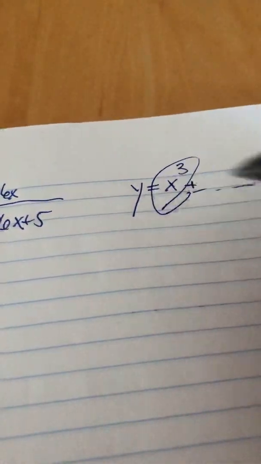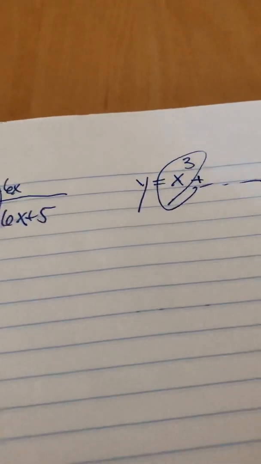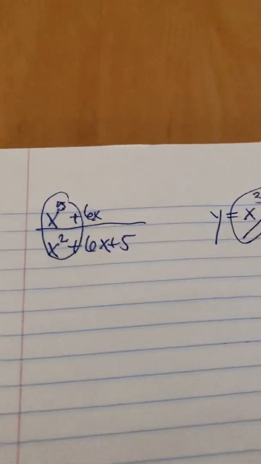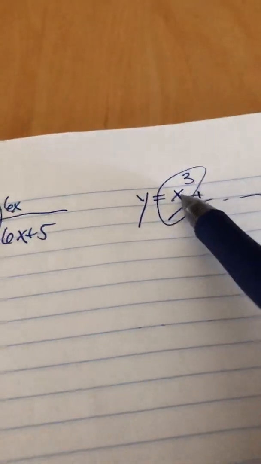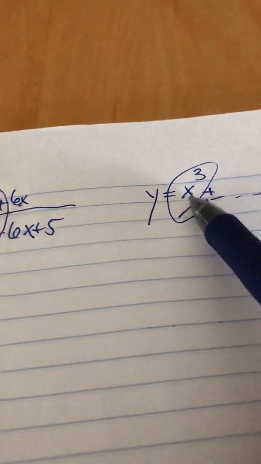And so your end behavior is going to act like a cubic. It's not going to act like it around the origin. Around the origin, it's going to do its own little dance. But around positive infinity and negative infinity, it's going to act like x cubed. Okay, hopefully that's helpful.